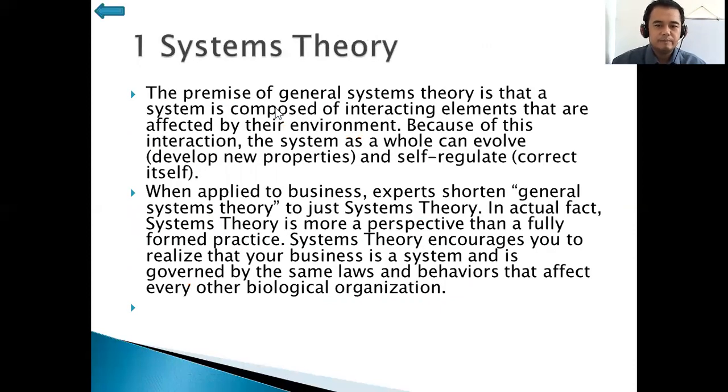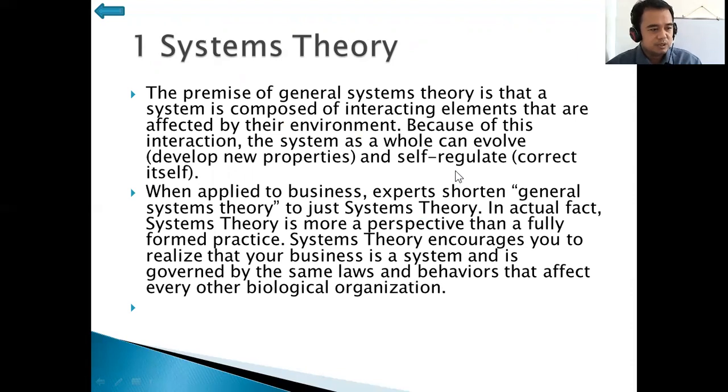Systems theory. The premise of general systems theory is that a system is composed of interacting elements that are affected by their environment. Because of this interaction, the whole can evolve, develop new properties, and self-regulate, correct itself.